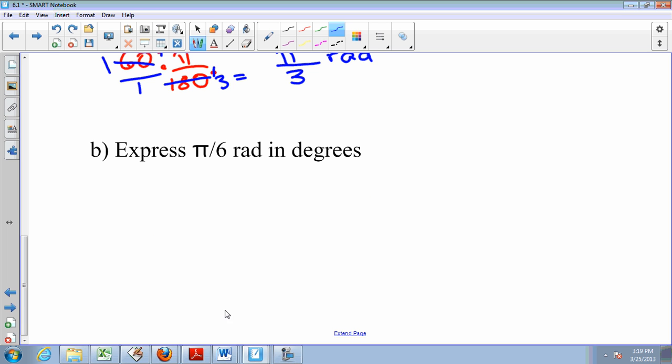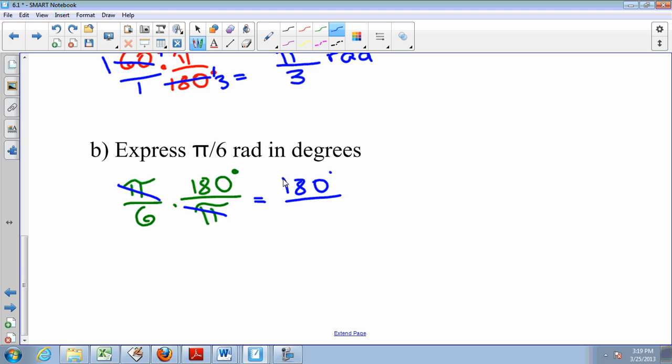Now we're going to express pi over 6 radians in degrees. We take our pi over 6 and multiply it by 180 over pi. Now 6 is not in degrees, so our answer is going to end up in degrees. The pi's cancel. We get 180 degrees divided by 6, which is 30 degrees.